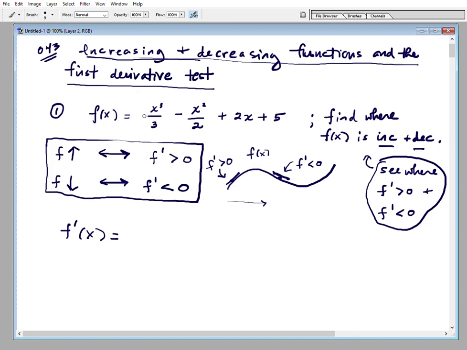Bring down the 3, so that becomes x squared. Here, bring down the 2, and we have x. When we bring down the 2, it cancels with that 2 in the denominator, so we just have x to the 1 plus 2. So that's the derivative. Now, to see where it's positive or negative, we're going to do a plus-minus analysis.